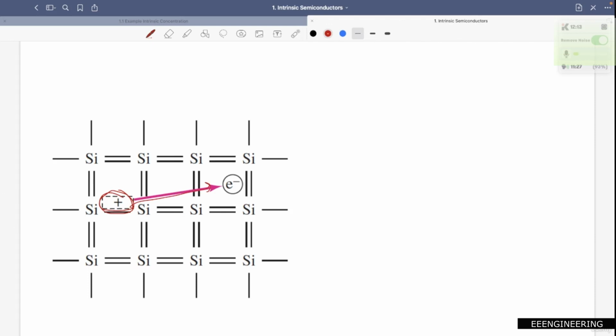And here comes a really important definition: the minimum amount of energy required to break the bond is called band gap energy. This is pretty important. I'm going to put that definition here because you're going to hear it a lot and we're going to use it a lot.